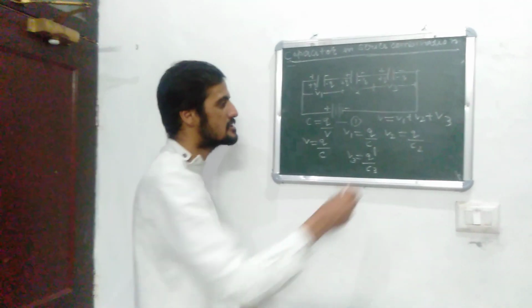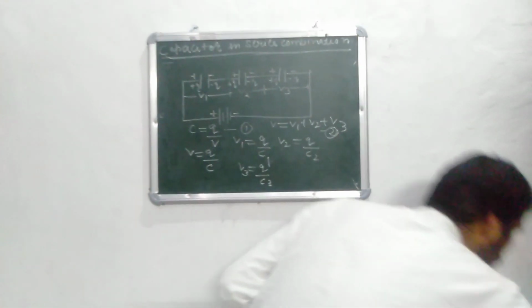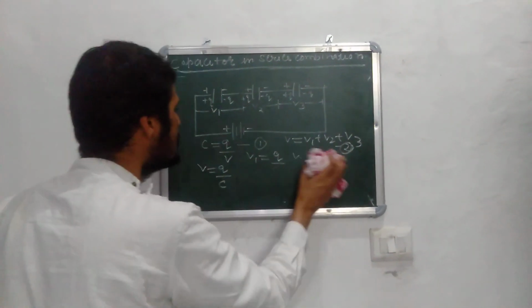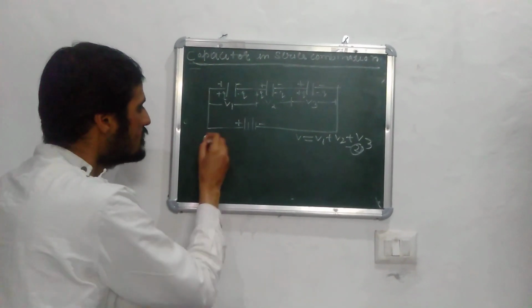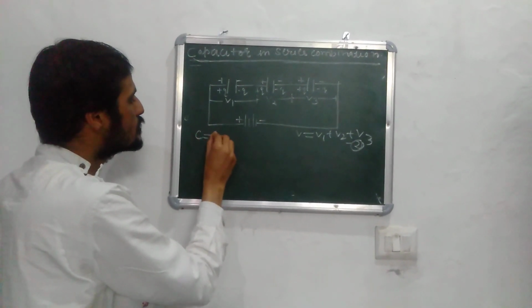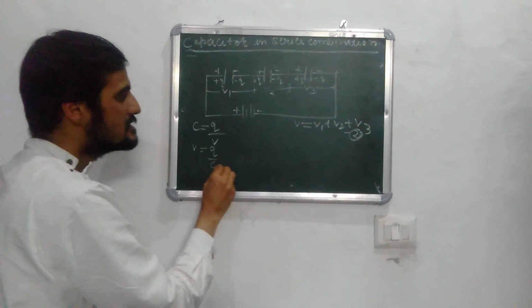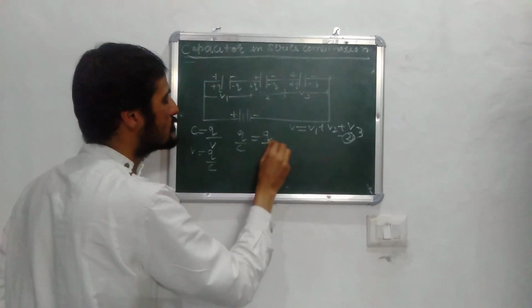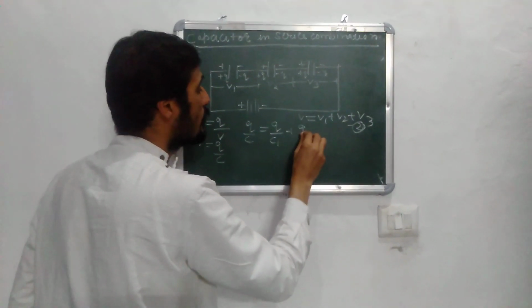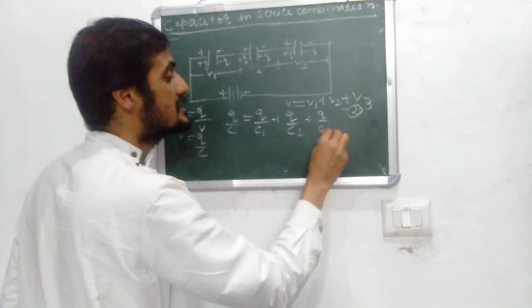Substituting these values in equation number 2, what will we get? C is equal to Q upon V, so V is equal to Q upon C. We get Q upon C is equal to Q upon C1 plus Q upon C2 plus Q upon C3.